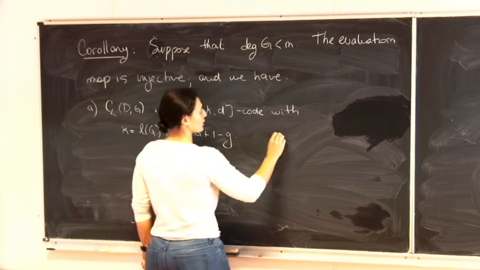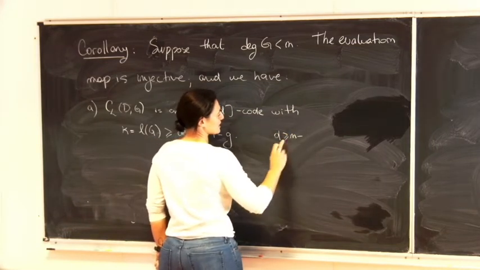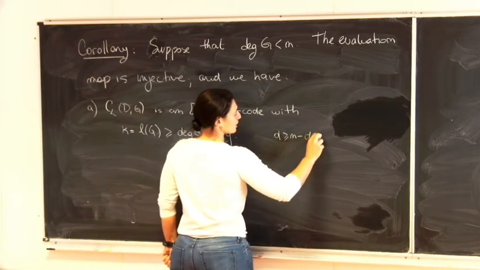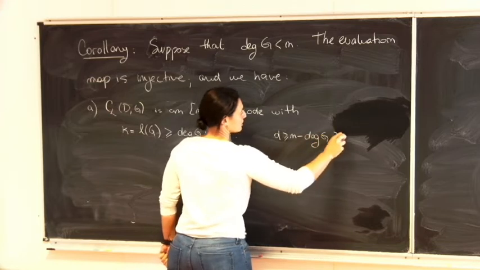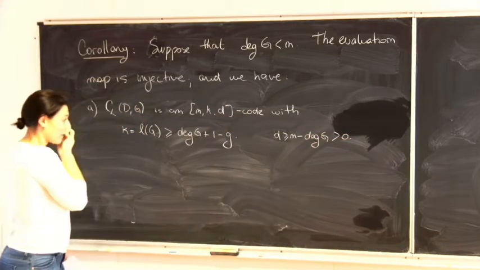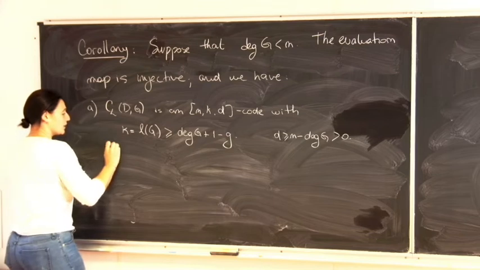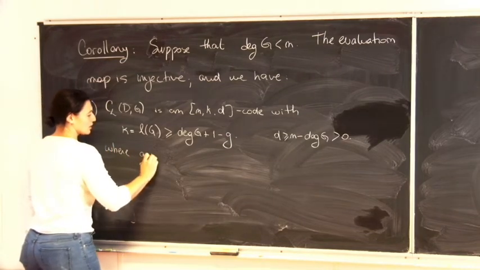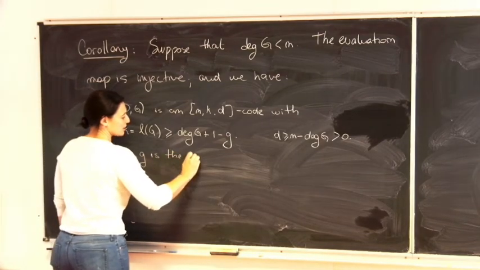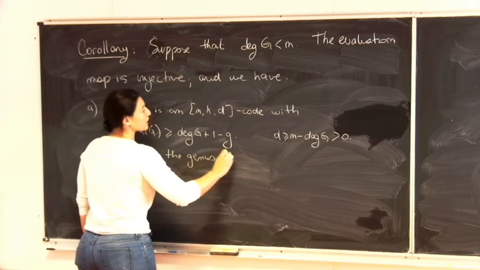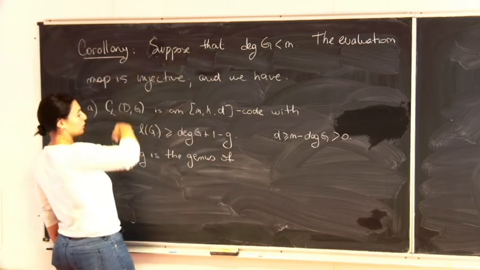Well, and of course, the minimum distance is greater or equal than n minus degree of G, which is a non-trivial thing. Here g is the genus of the function field in which I have defined the code.